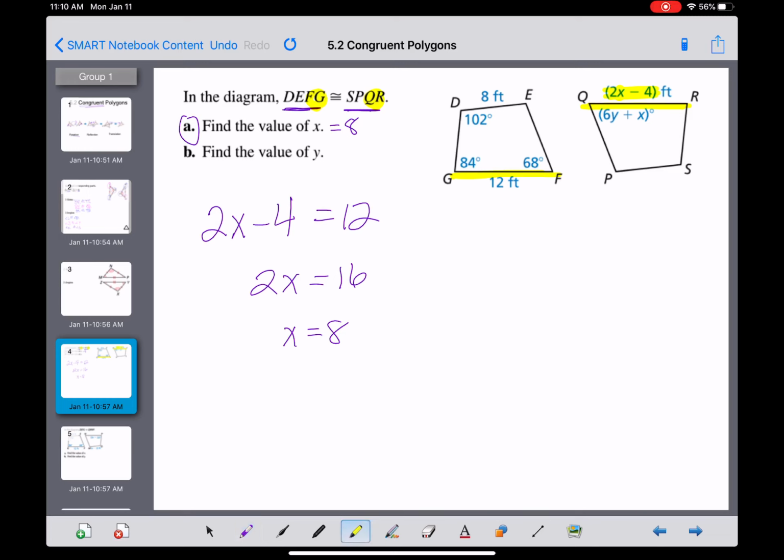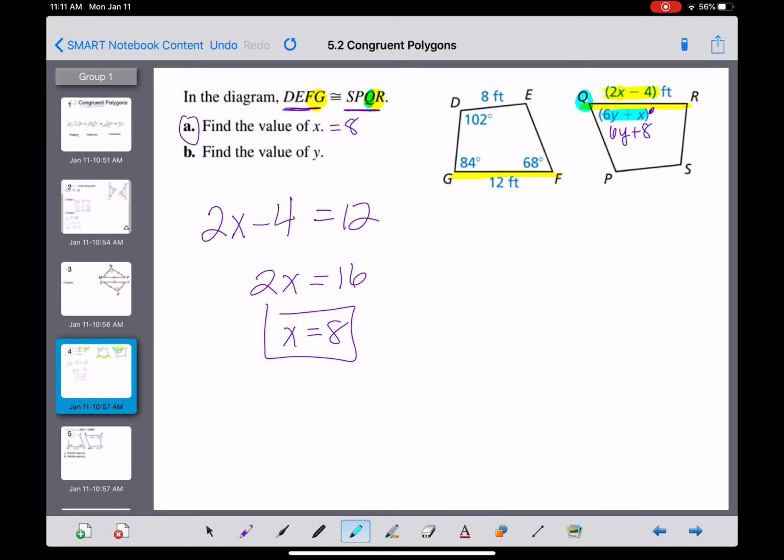Now to go back and find y, I only have one y value, and that is the angle. Before I even begin, I need to substitute in what I had just found. So this angle is 6y plus 8, since x is worth 8. So y is in an angle position. I know that because of the degree, and it is angle Q. So once again, I'm going to go over to my congruency statement.